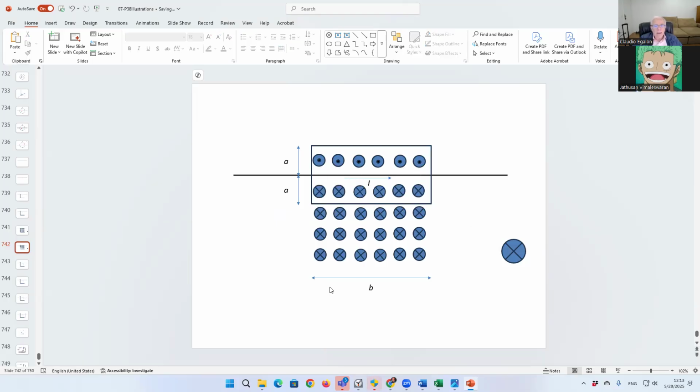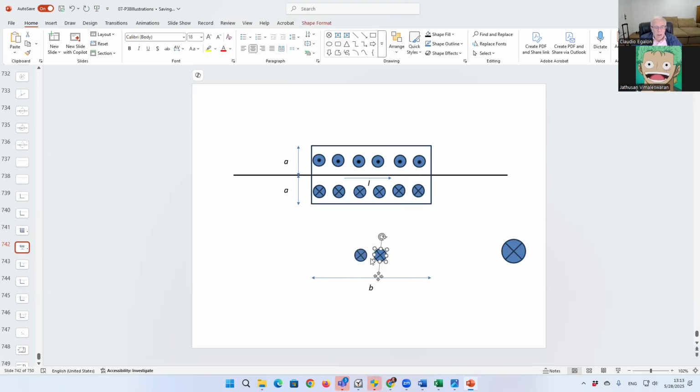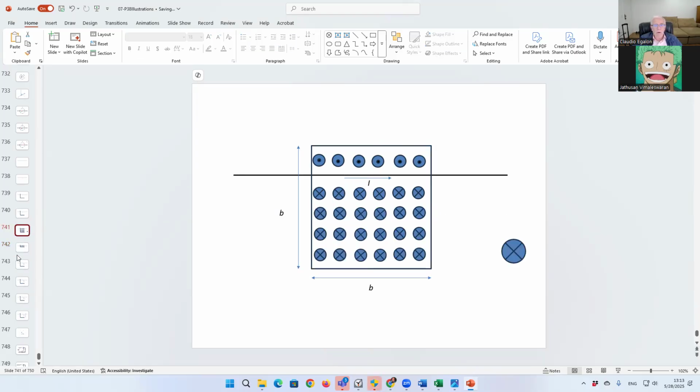Like that. The net magnetic flux through this whole area would be zero. But that's not the case. The case that we're doing is this other one here. The net magnetic flux is not going to be zero. It is going to be what we are going to calculate now.